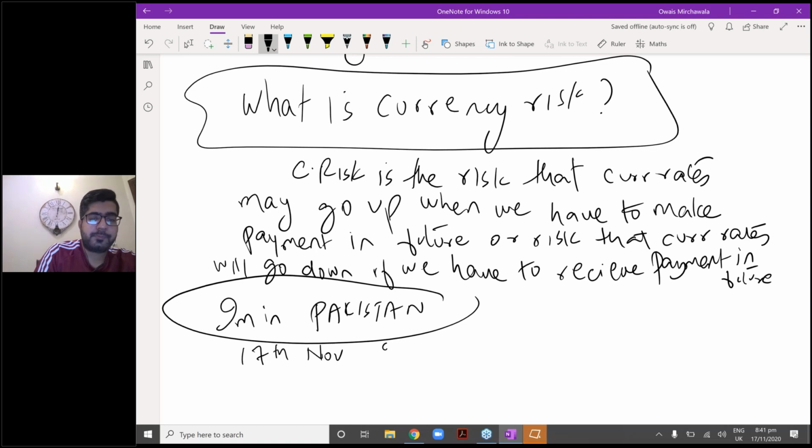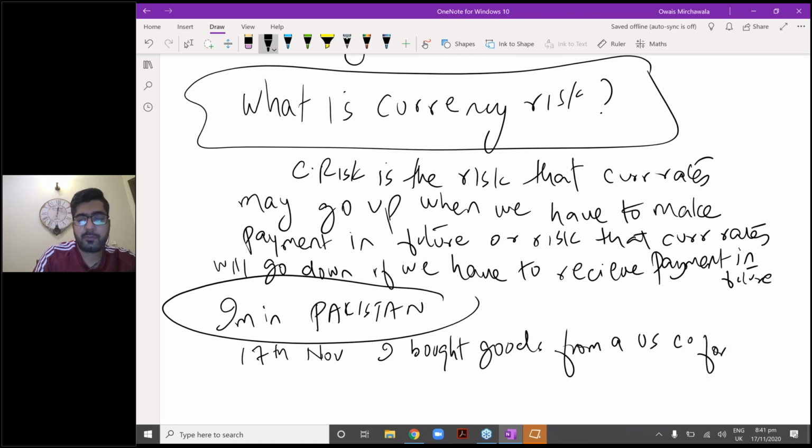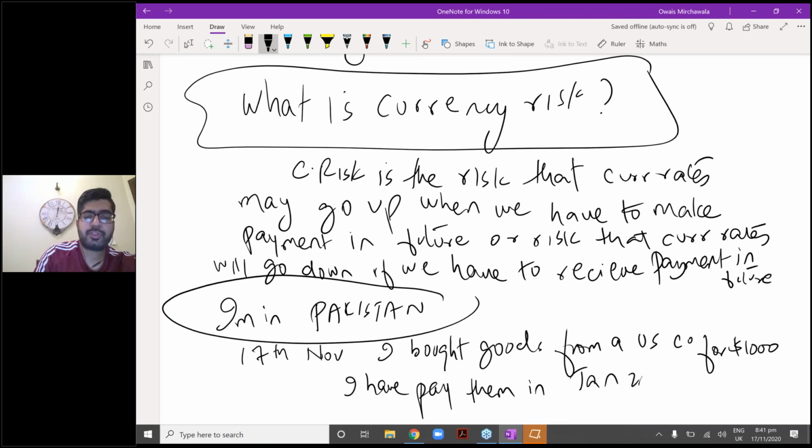Let's suppose I bought goods from a US company for $1,000, and I have to pay them in, let's suppose, January 2021, after 2 months.